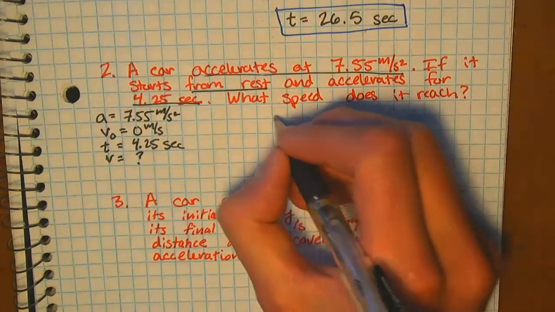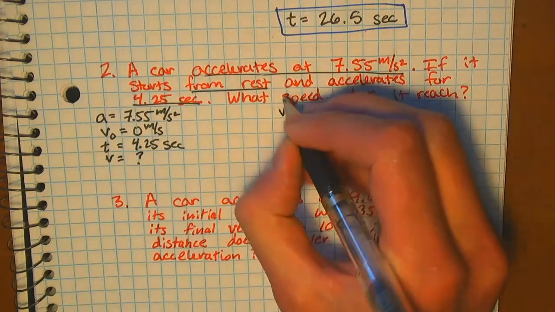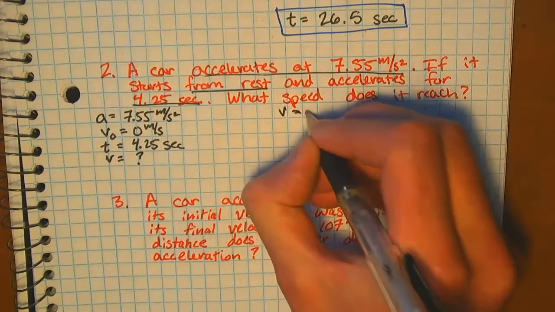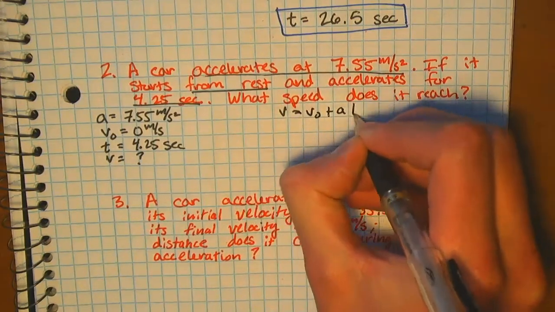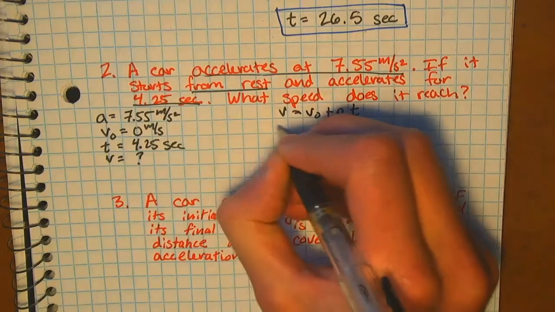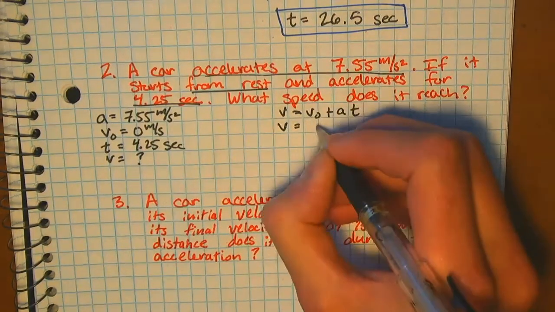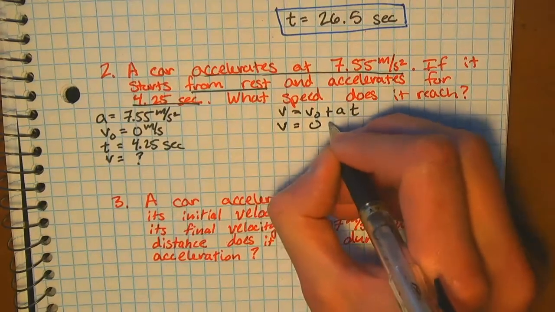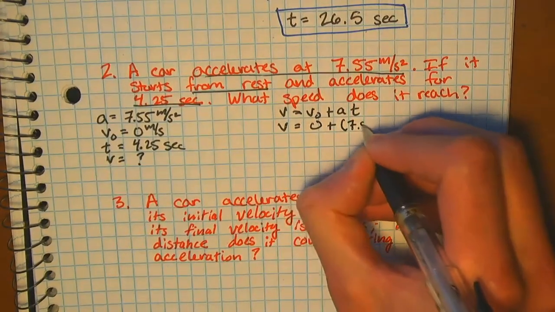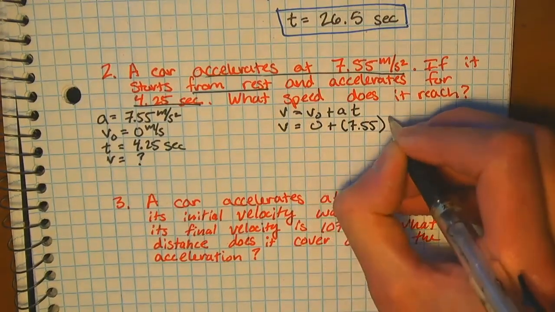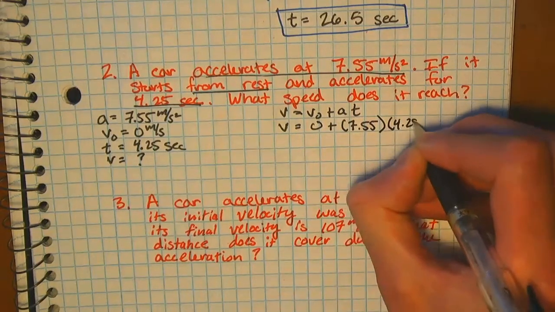Next step is to write out that equation. So then leave the v in there, right? Leave it as a v because that's what you're solving for. Equals 0 plus 7.55 times by 4.25.